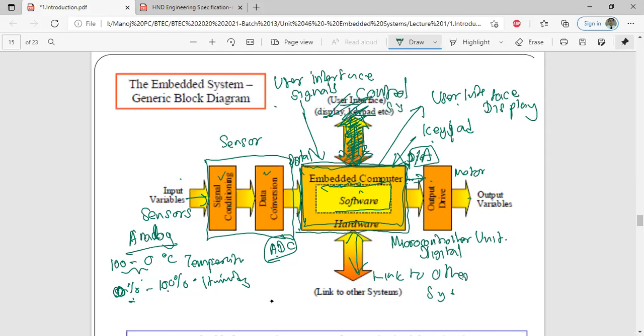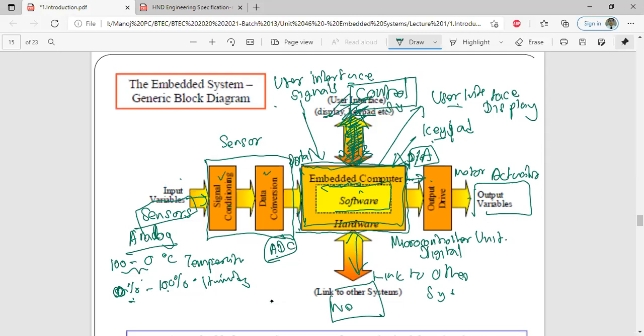These are control signals, because you give keypad and display interface signals. Those are the control part, and here these are the things from the sensors, and here these are for what we call actuators, and this is into the network system, right?